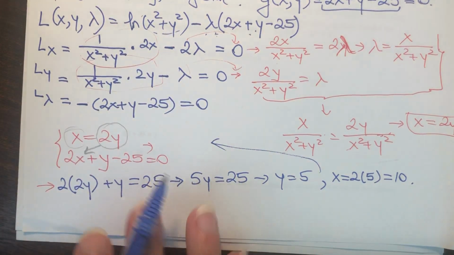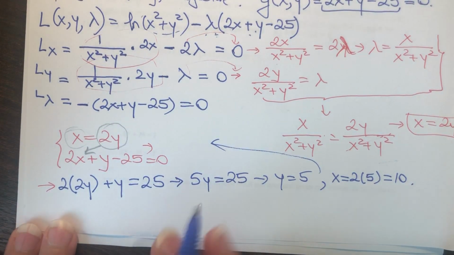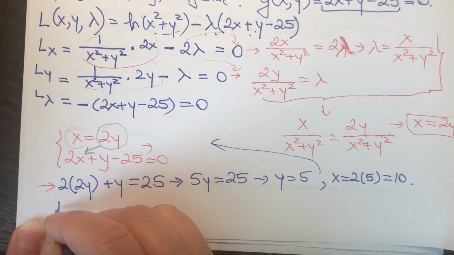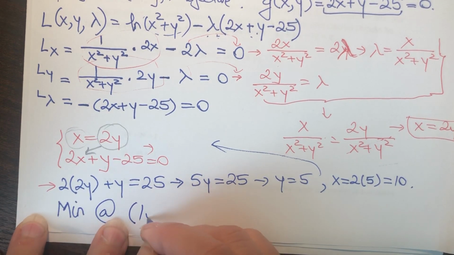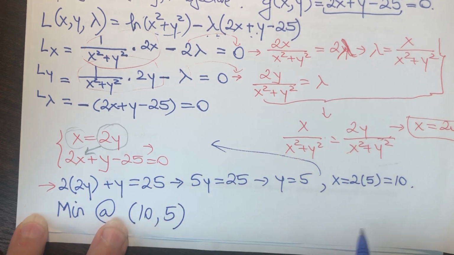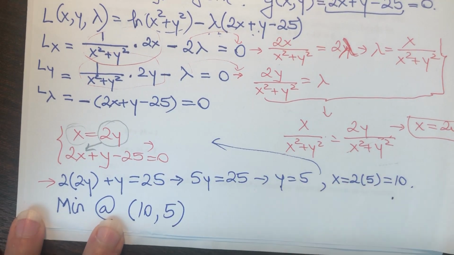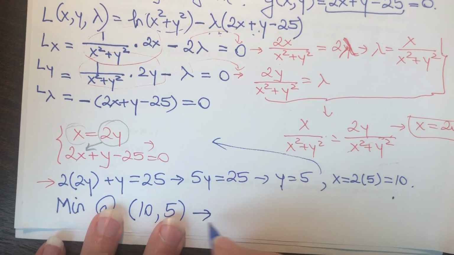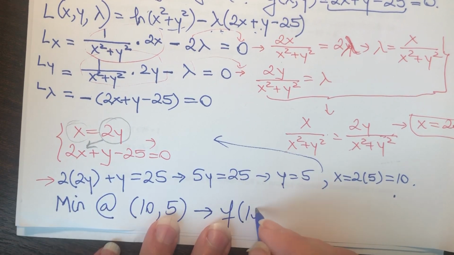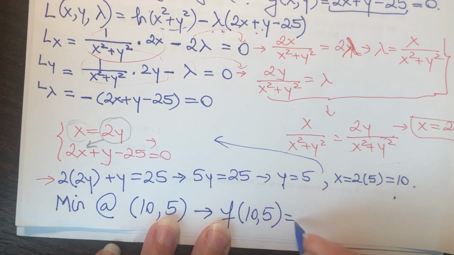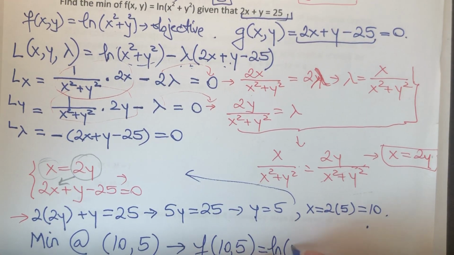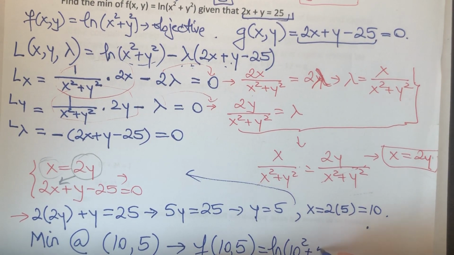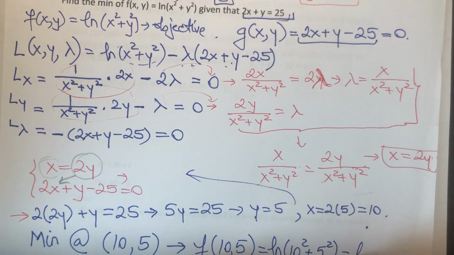So it said, trust that you will find whatever we are asking you for. So the minimum is found at the point of coordinates (10, 5). So x must be 10 and y must be 5. And that minimum value is, again, my function was natural log of x squared plus y squared, so it's ln of 125.